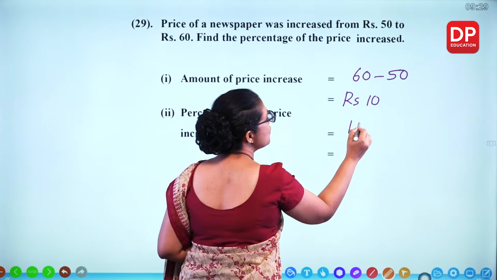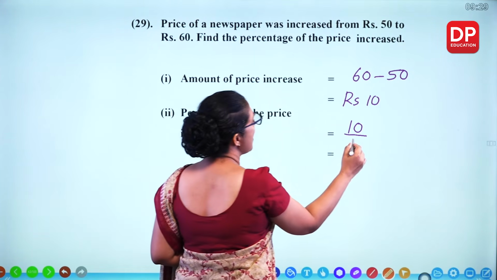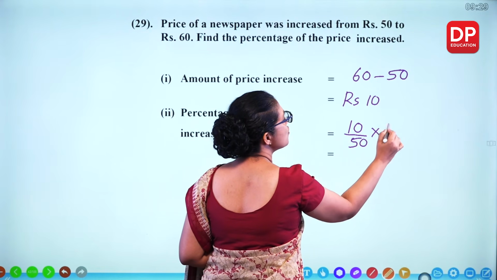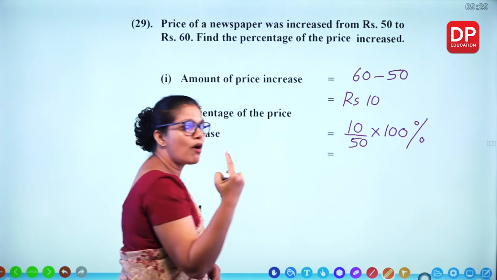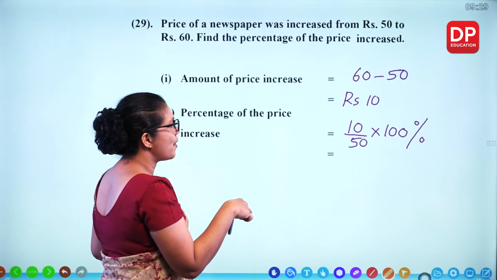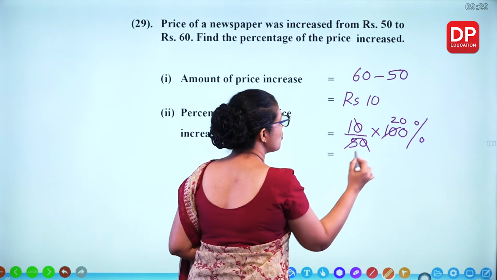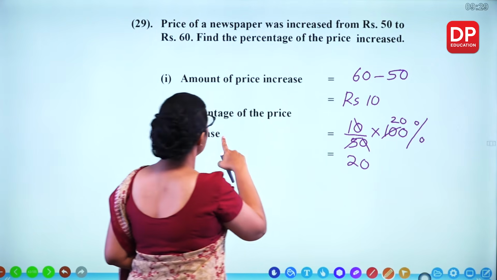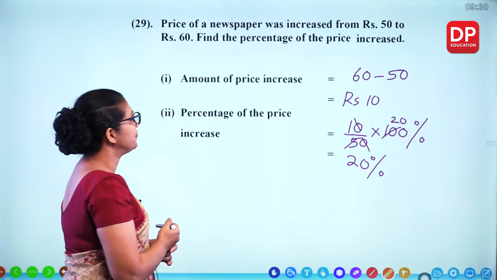So the increase value divided by the buying price. The buying price is 50, into 100. So whenever you get a percentage value, always take the buying price. 5 times 2, so 20% is the increased value.